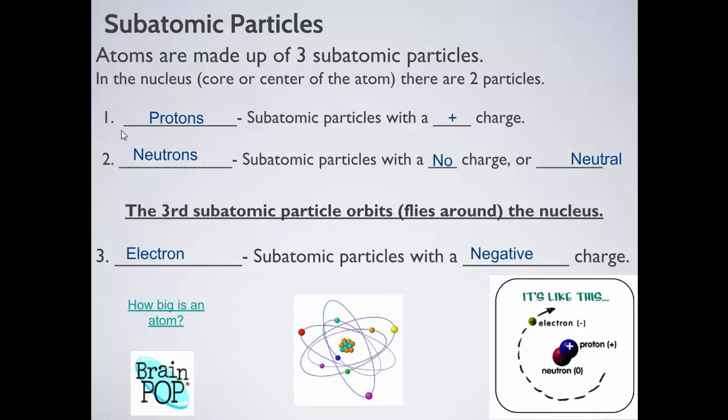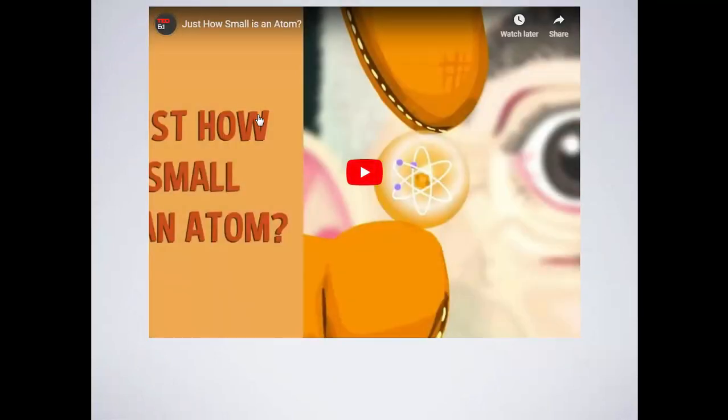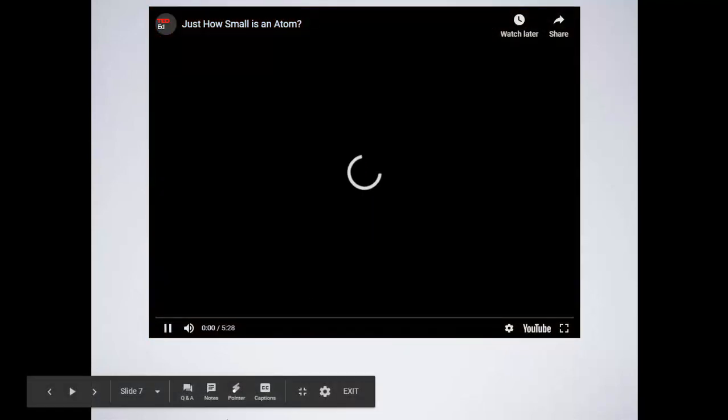If this were the size of the actual nucleus, you wouldn't even see these electrons. They would be nowhere on the slide. They would be nowhere even in this room. The electrons are far outside an atomic scale from that nucleus. And so, let's watch this video to help us try to comprehend the scale of the nucleus and the electron, because it's pretty extreme.